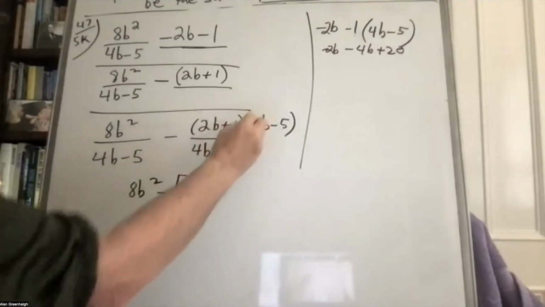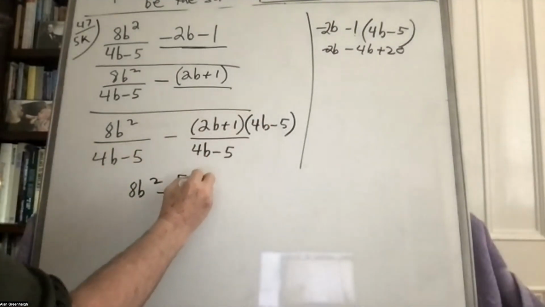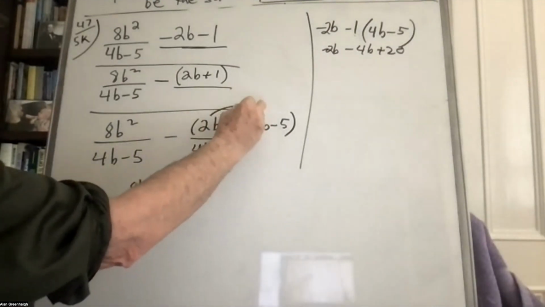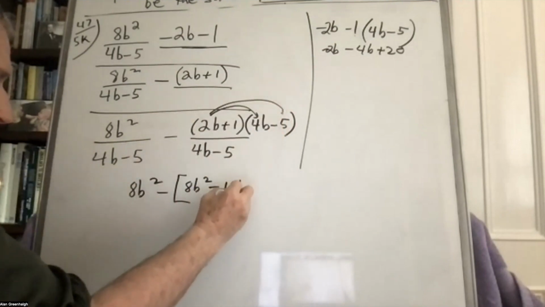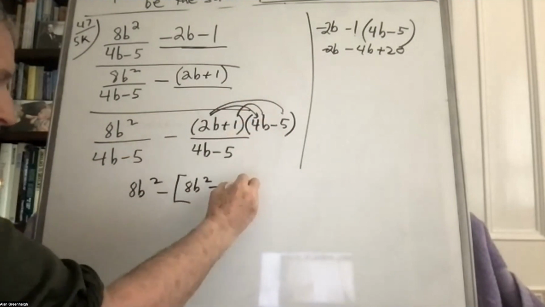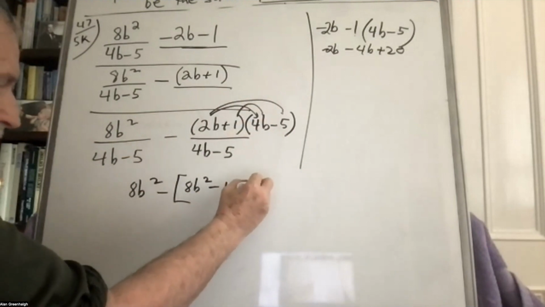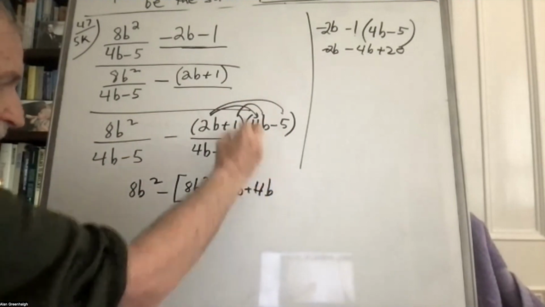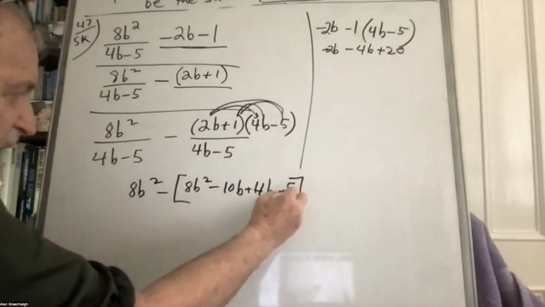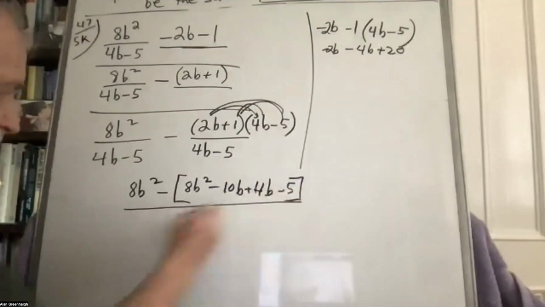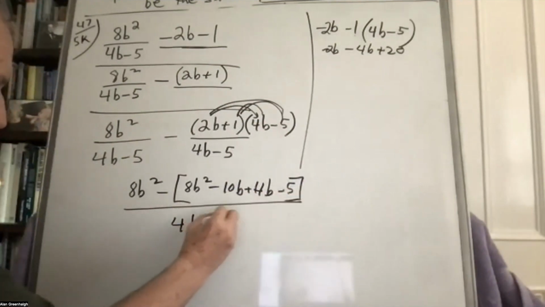So that's going to be 8b squared, and that is going to be negative 10b, and then this is going to be positive 4b, and this is going to be negative 5, over 4b minus 5.